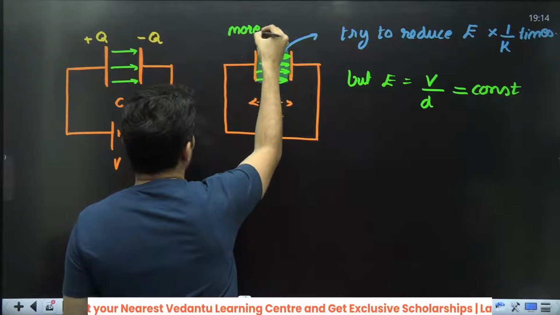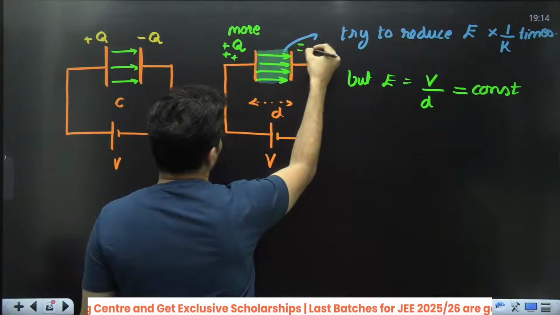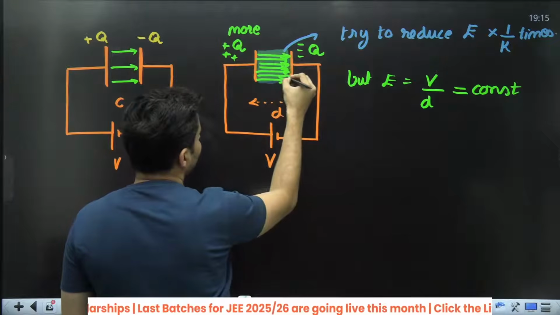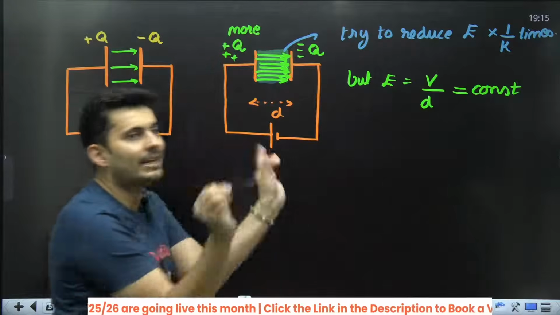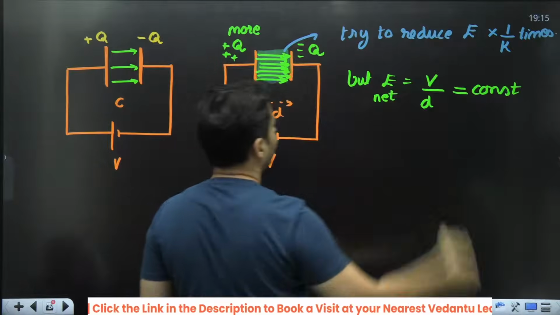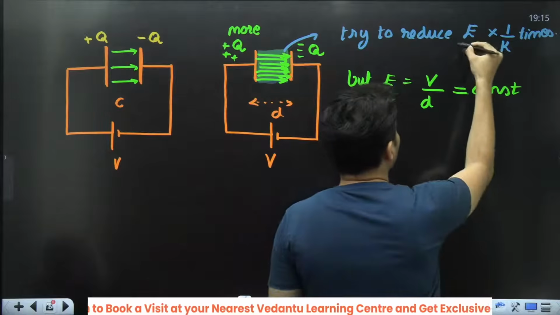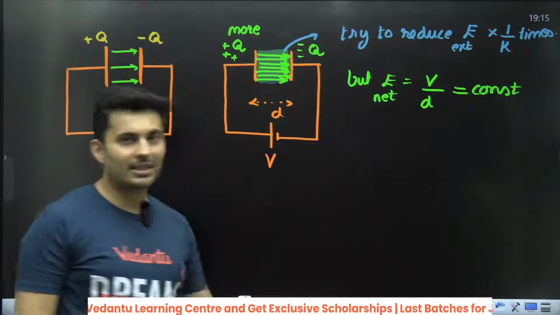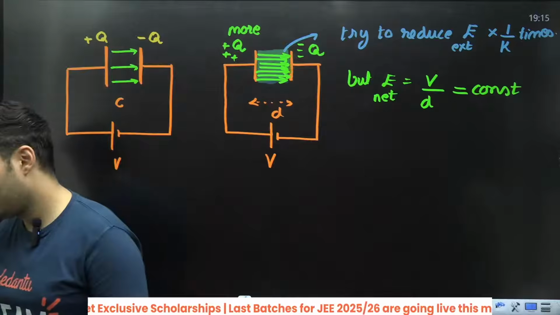So imagine now there is more charge over here. So it produces more electric field between the plates, but the medium ends up reducing it to keep the net electric field constant. So this E is not the external, it is the net electric field, and this capital E over here is that external electric field between the plates, which has now reduced k times.